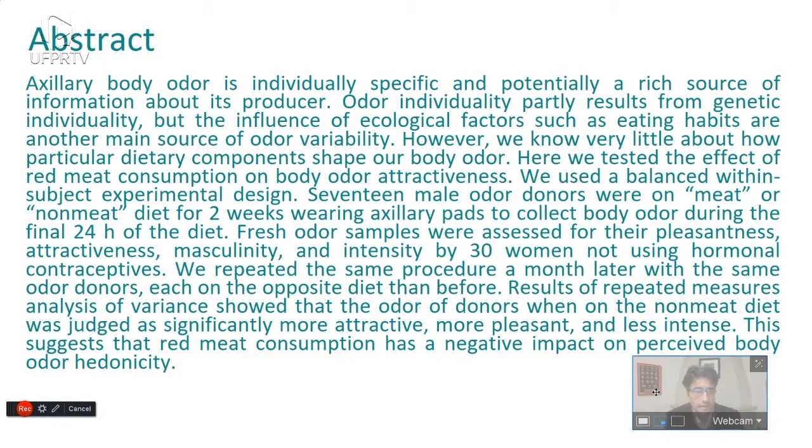So they say axillary body odor is individually specific and potentially a rich source of information about its producer. Odor individuality partly results from genetic individuality, but the influence of ecological factors such as eating habits is another main source of odor variability. However, we know very little about how particular dietary components shape our body odor. Okay, so that there, of course, is your move number 2.